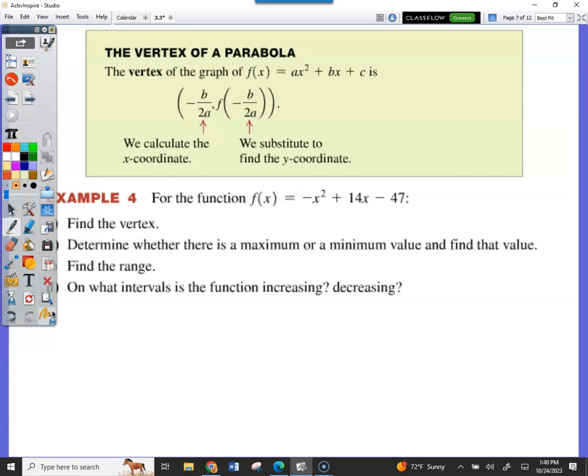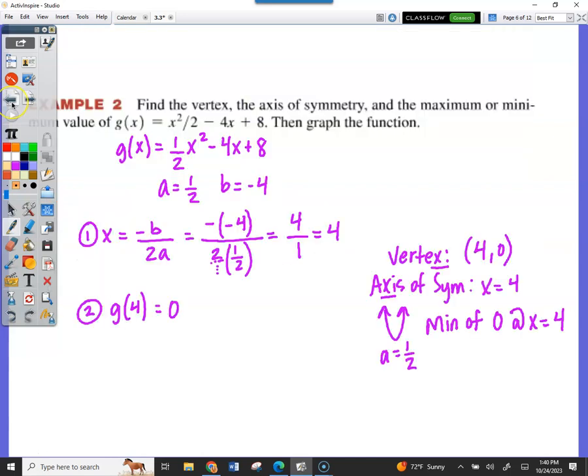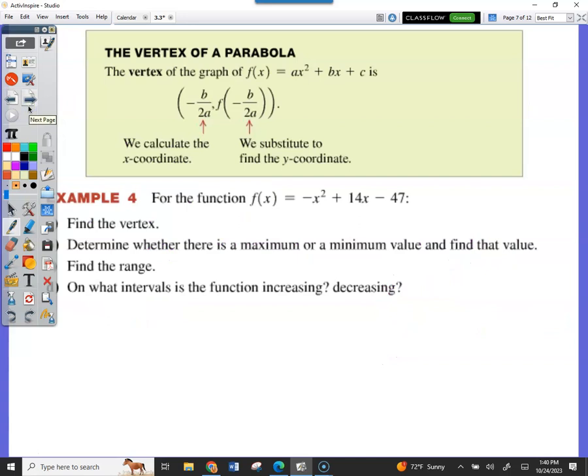Notice instead of writing the letter y, they have written f of negative b over 2a. Well, if you go back to the ones we just did, the second step was always the function of the x value we found, right? So this is just writing the formulas in terms of x, and then in terms of f of x for the y coordinate.